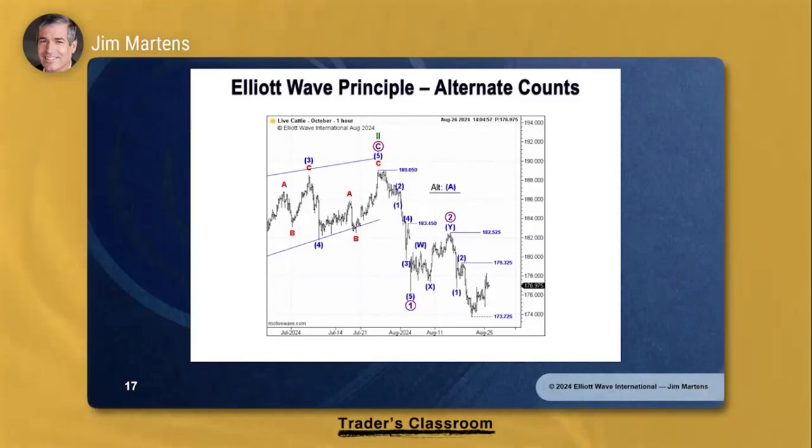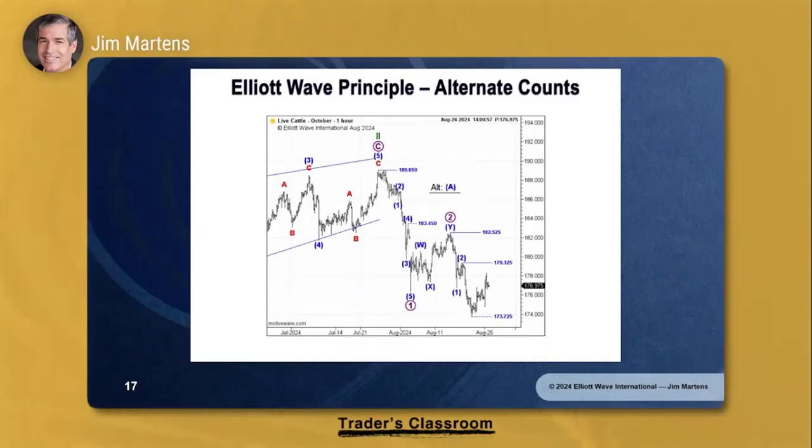Since the correction occupies the wave 2 position, we would not anticipate a triangle. That leaves us with a likely expanded flat correction. So we look for wave C to rally 5 waves and reach above the end of wave A to complete the pattern.